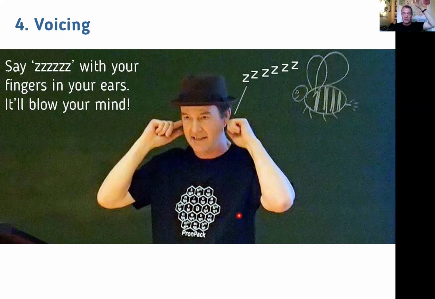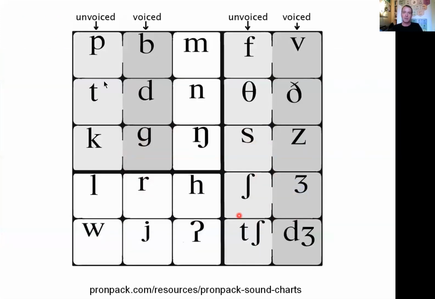You can feel a vibration for the zzz. So that's voicing. Those are the pairs in the chart of unvoiced and voiced, unvoiced, voiced, and here. That's the meaning of the little doorway between those squares.